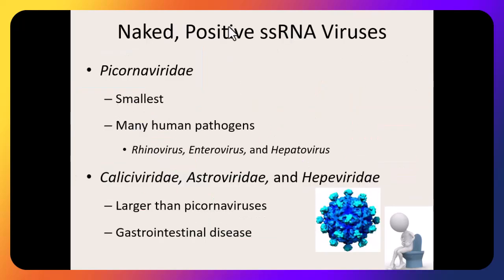Because there are so many in this blue group, that very top area, and to know we're still in that blue group, I like to divide it out, because this group subdivides into more and more groups. So everything in that blue shaded color was naked, no envelope, positive sense single-stranded RNA.